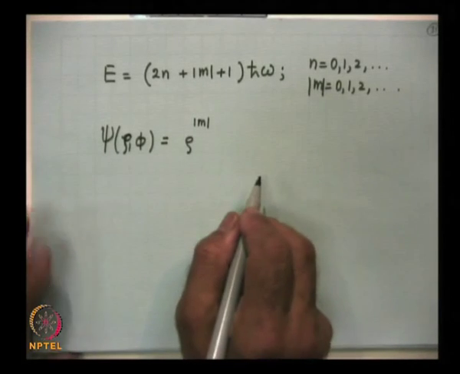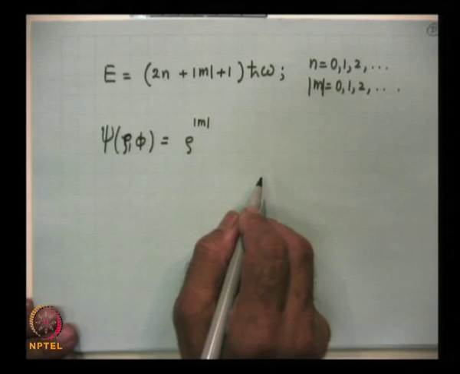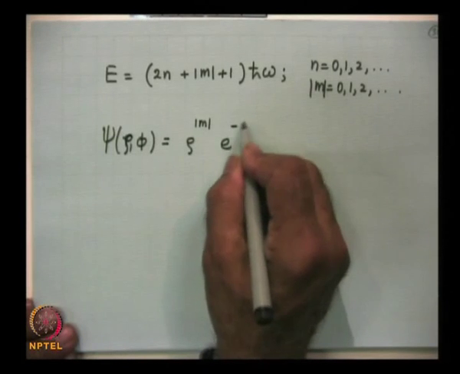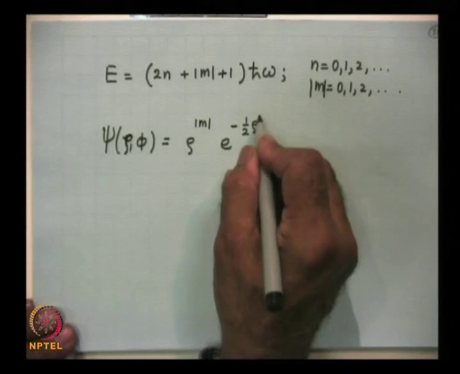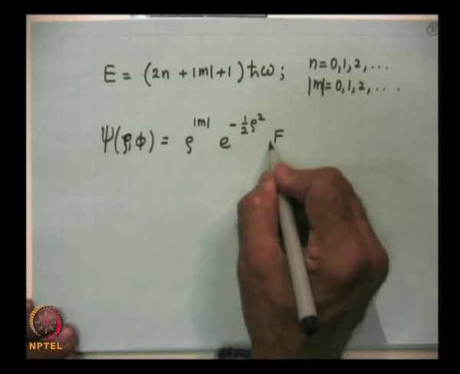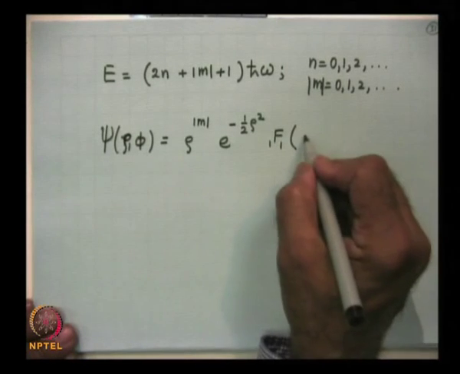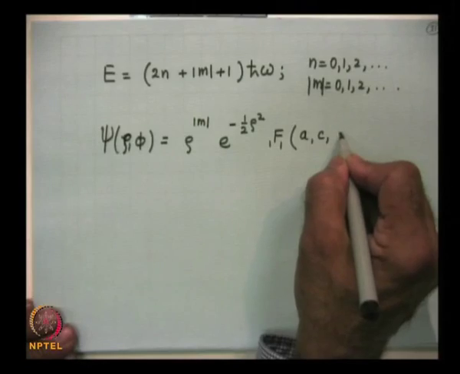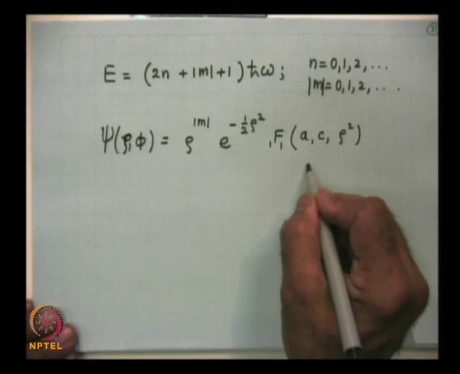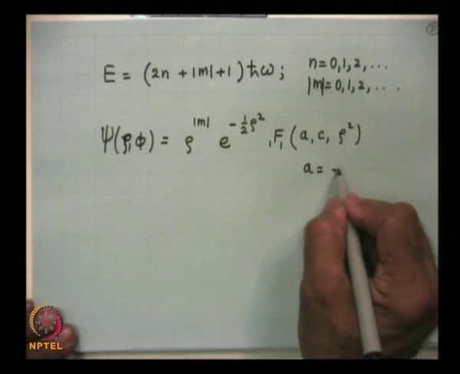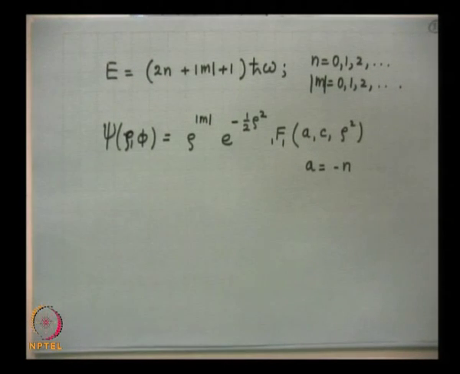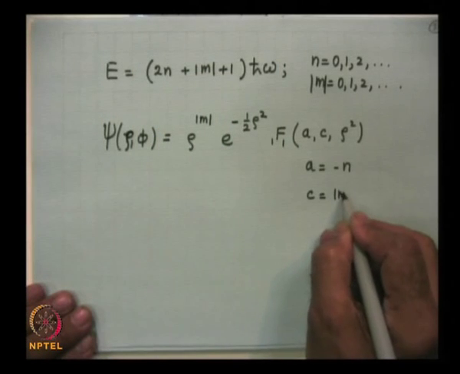So, if I divide by square root of rho, then the half goes away, e to the power of minus half rho squared, 1F1 of a, comma, c, comma, rho squared, where a is equal to minus n, and c is equal to |m| plus 1.